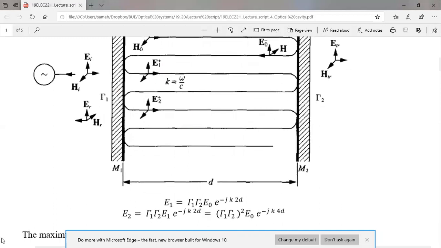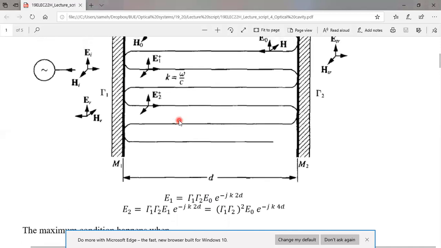So it will be something like gamma 1 square, gamma 2 square, E node times e power minus j k 4d. So now you can write the electrical field of this propagating wave at any point on the cavity based on this equation.